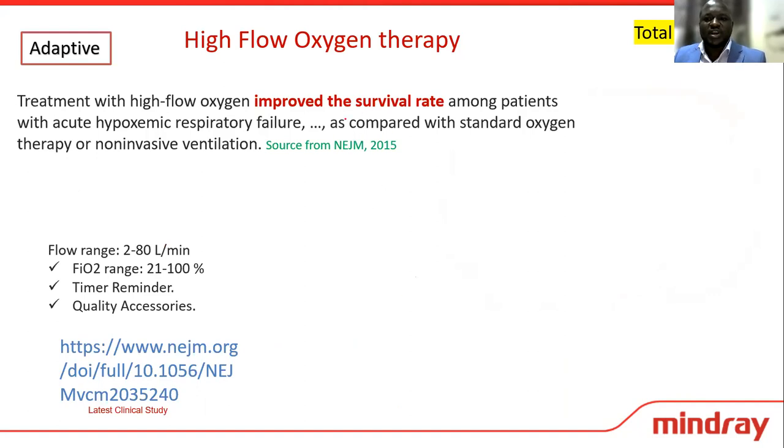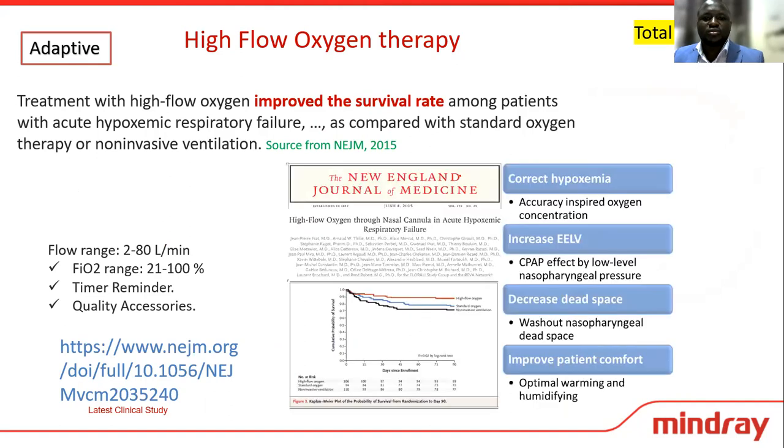High flow oxygen therapy function is available in our SV300. According to the study done by the New England Journal of Medicine in the year 2015, treatment of patients with high flow oxygen improved their survival rate. What is the clinical significance of having high flow oxygen therapy in management of patients who require oxygen support?